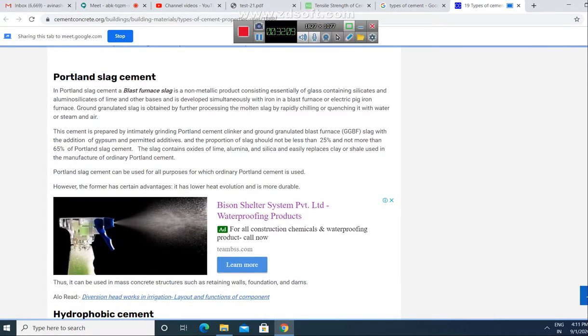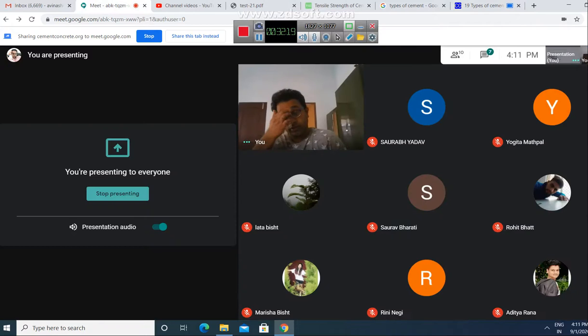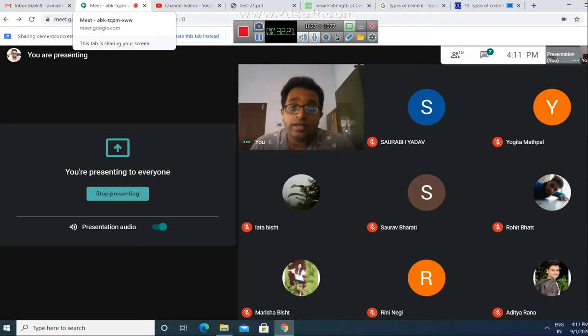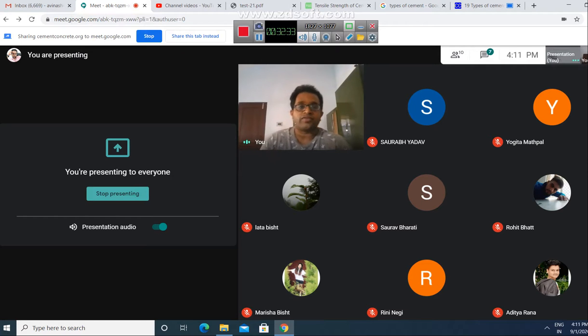Next one is Portland slag cement. In Portland slag cement, a blast furnace slag is used. Blast furnace is a type of furnace which is used in the steel or iron industry. So the slag, or the byproduct obtained in the iron industry, is the blast furnace slag.